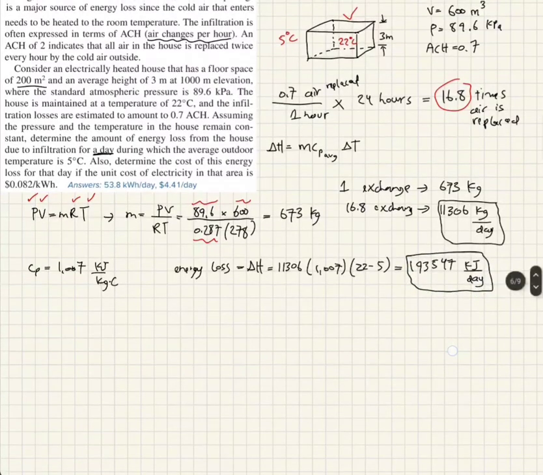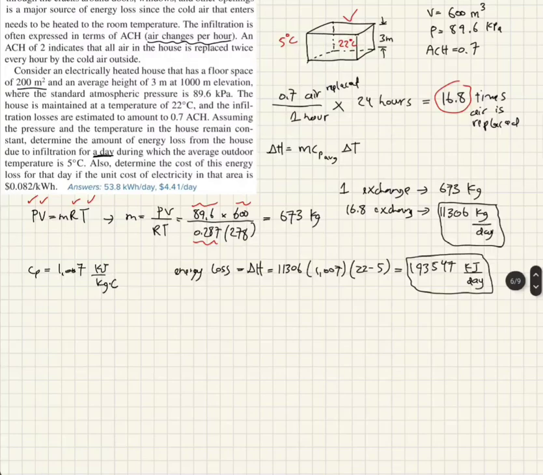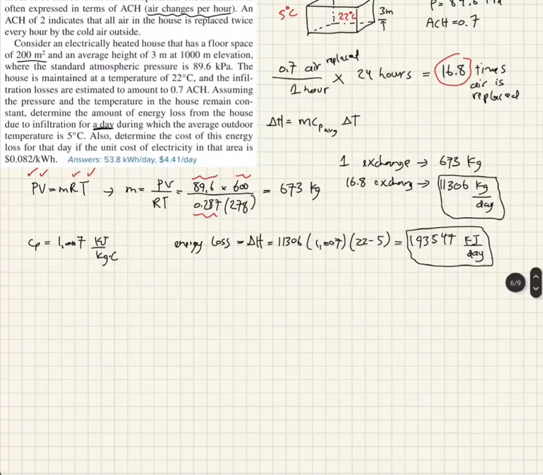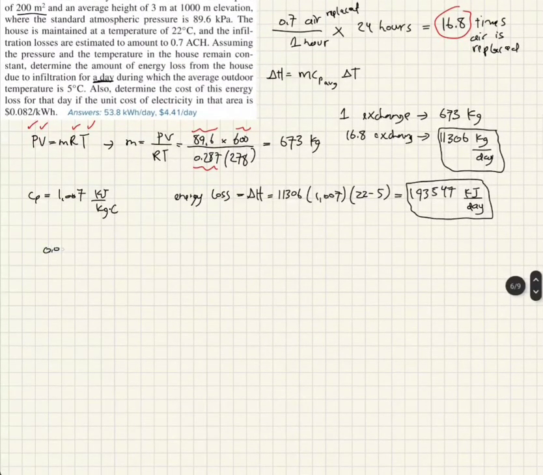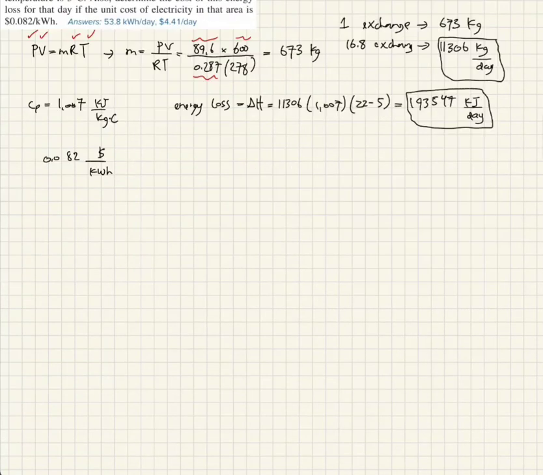Now the second part asks us to find how much this energy loss costs us. That means we have to convert this final answer to kilowatt hour, because they gave us a rate of 0.082 dollar per kilowatt hour. To convert from kilojoule per day to kilowatt hour, we just divide this value by 3600.